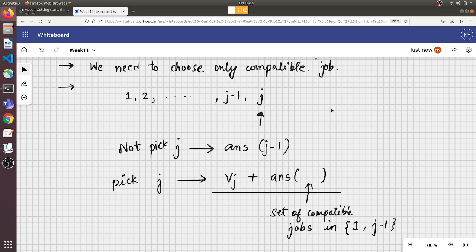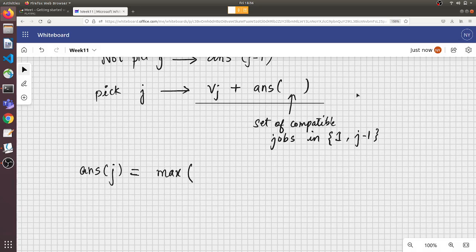That would be the max of these, I guess. Is it clear? Here we are saying that we will perform both of these actions. We will once pick j and compute the answer, other time we will not pick j and compute the answer, and whichever is the best answer we are going to take. That is why we use max.